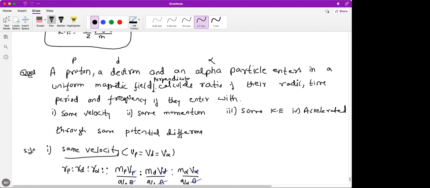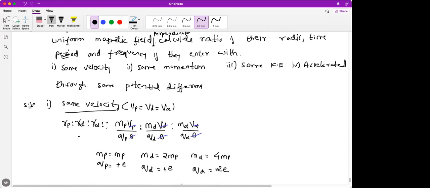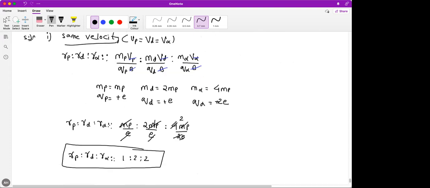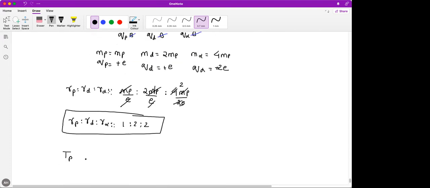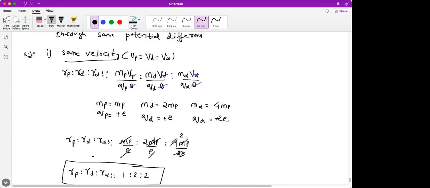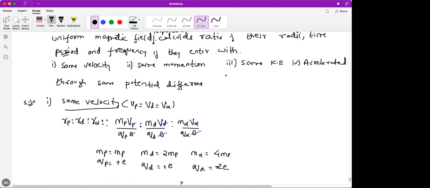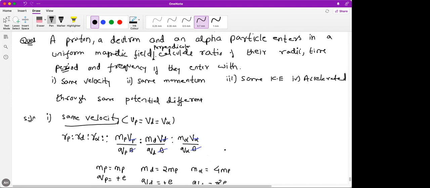Next, you will also calculate the ratio of the time period. So time period of proton, time period of deuteron, time period of alpha particle. This is the expression of time period, 2 pi m by qB. See, it's independent of velocity.